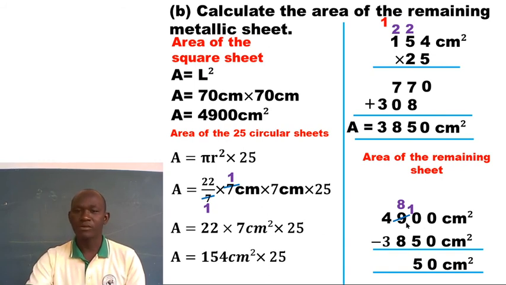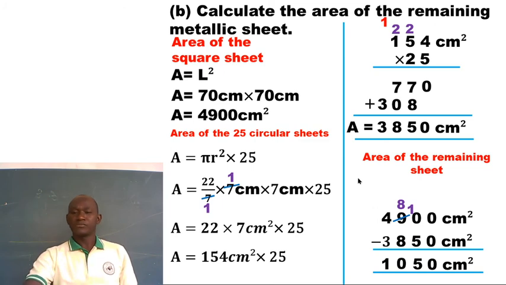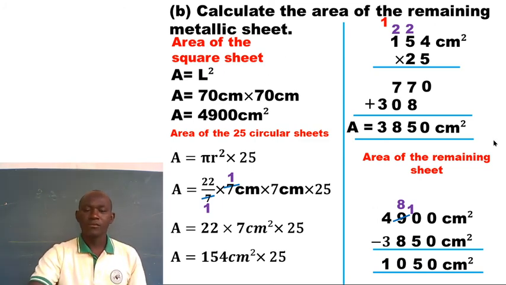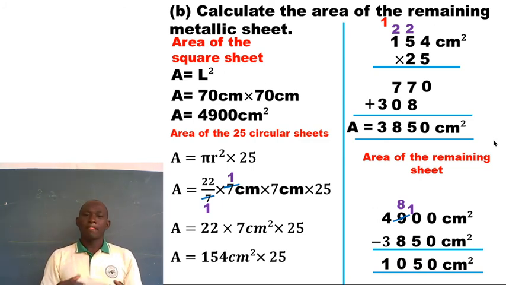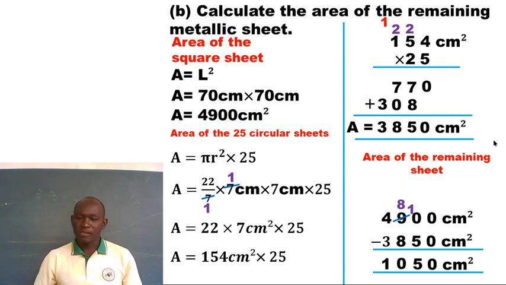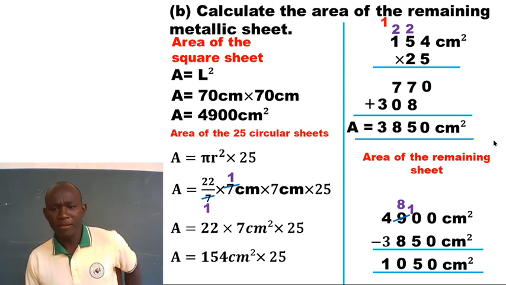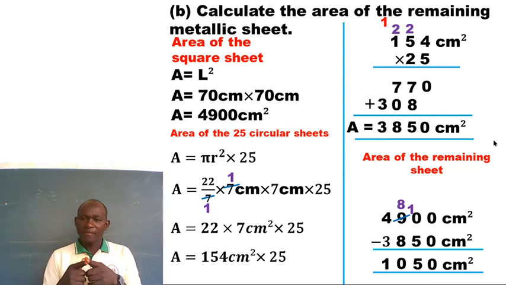We regroup because 0 was less. So here I have 8 take away 8 to give us 0. And finally, that becomes 1. Now, the area of the remaining space is 1,050 square centimeters.